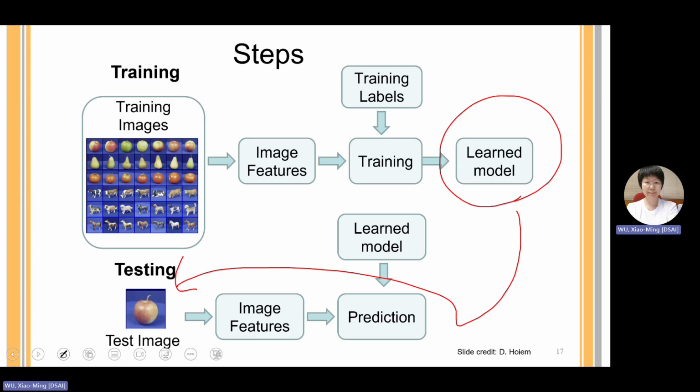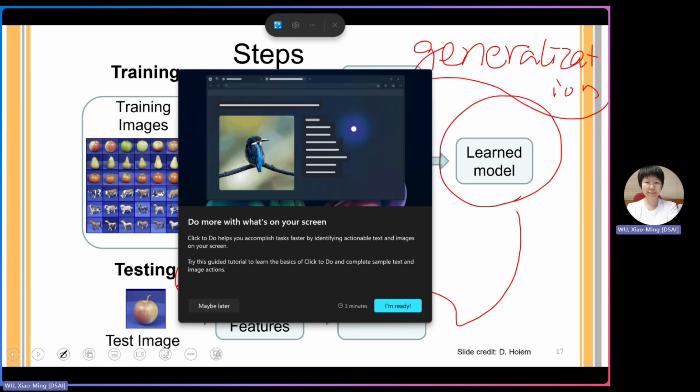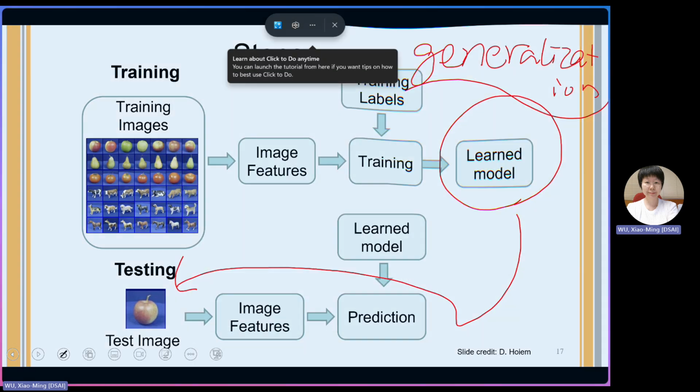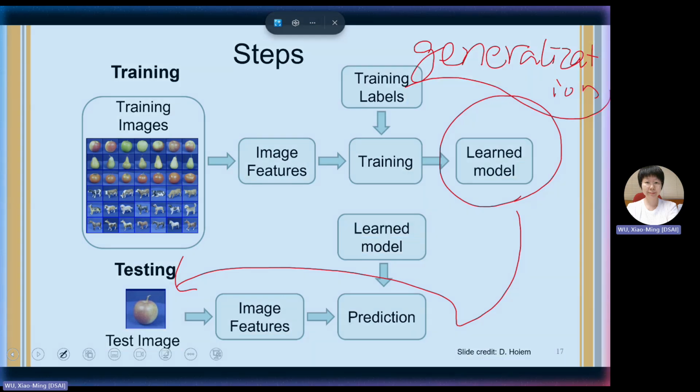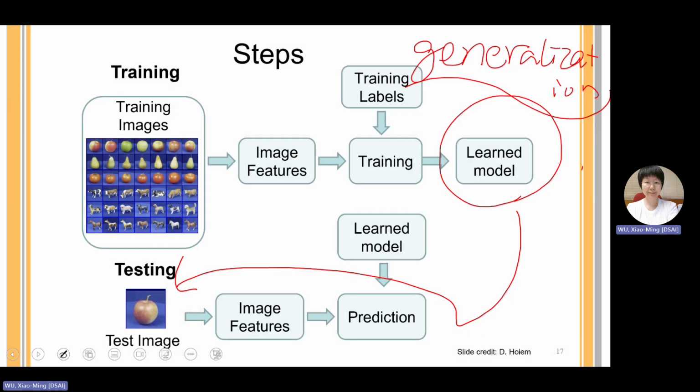And this ability is called generalization ability. So we want the model to generalize well on new samples. And this ability lies at the core of machine learning.